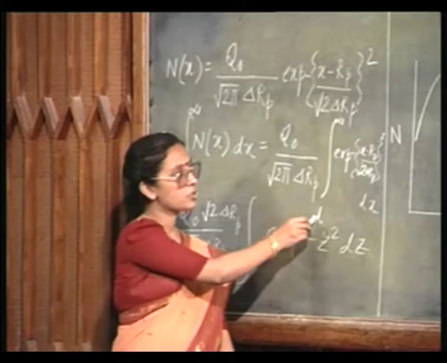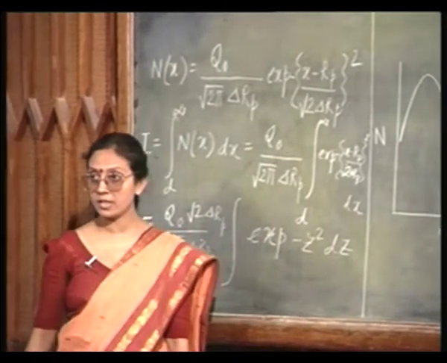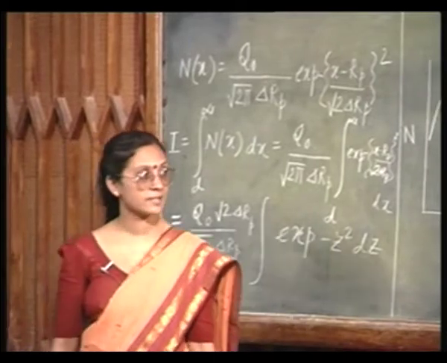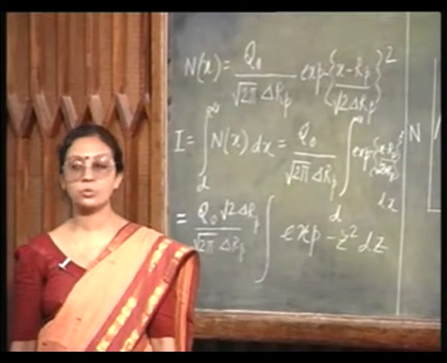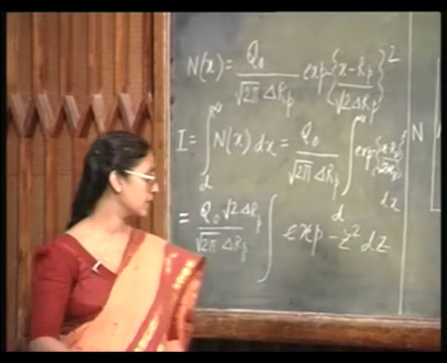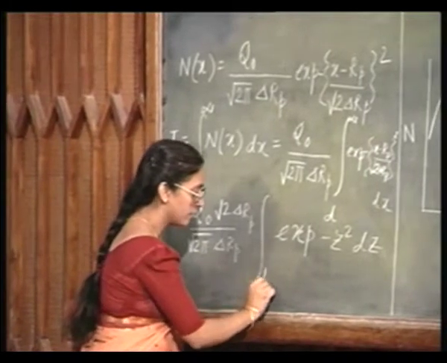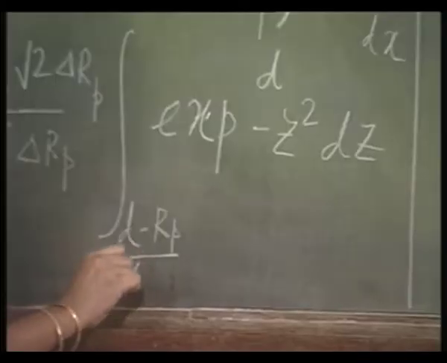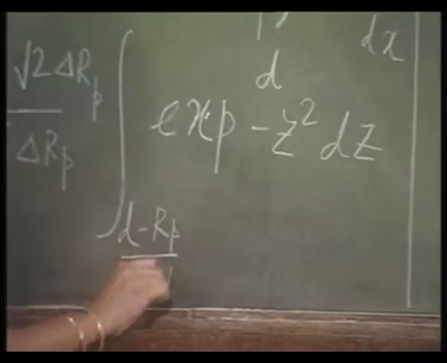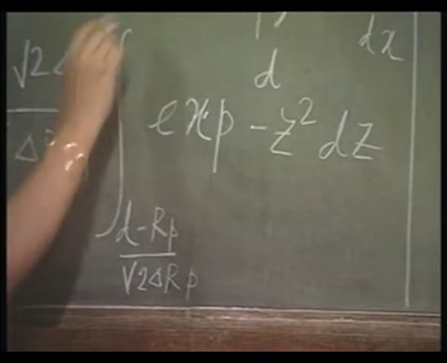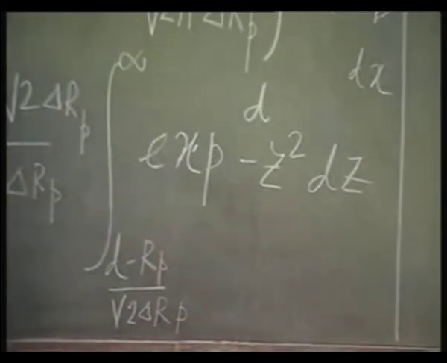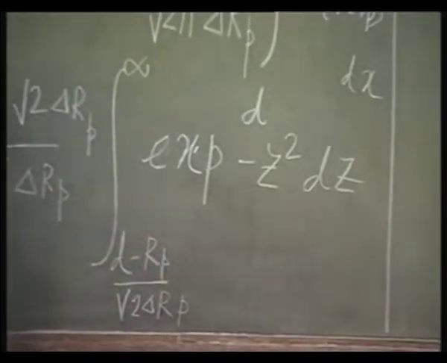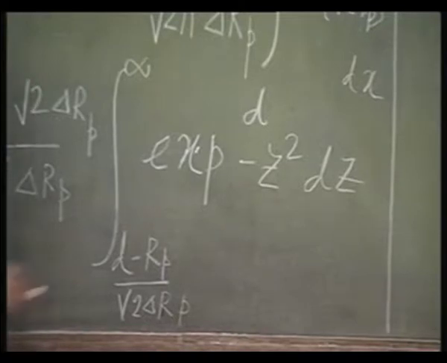So, x was to be integrated from d to infinity. Now, z, that is x minus r p by root 2 delta r p, must be integrated from d minus r p by root 2 delta r p to infinity.